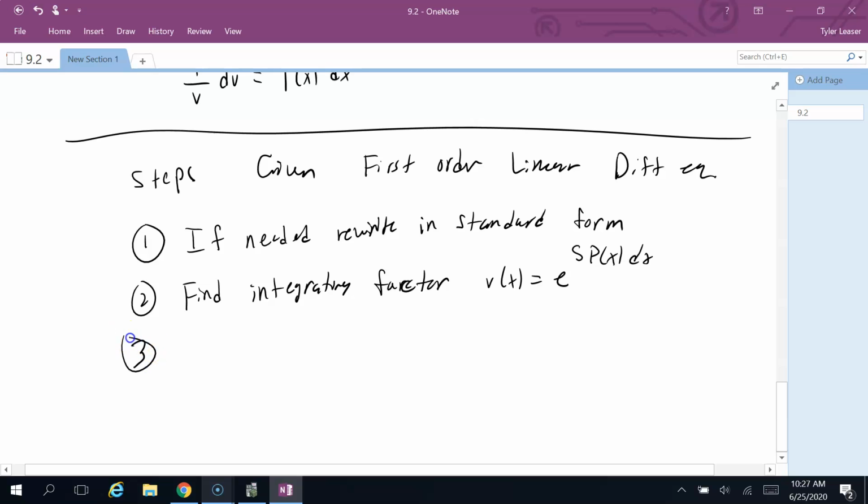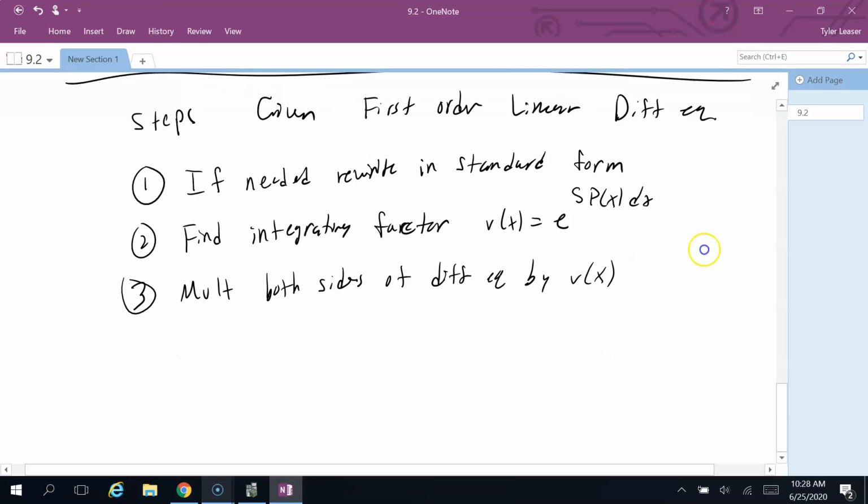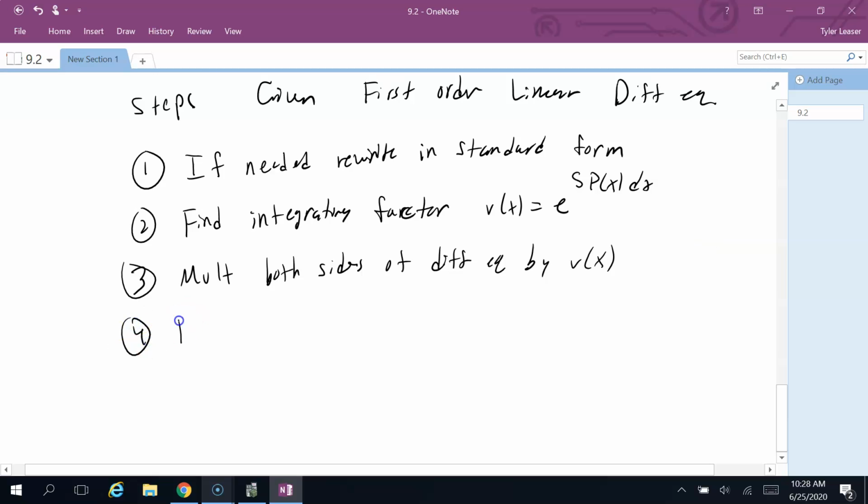Okay. Next, multiply both sides of the differential equation by this integrating factor v. Rewrite the left-hand side as the derivative of v times y.